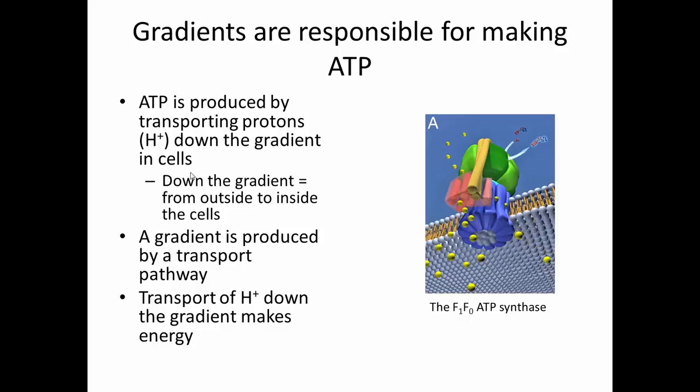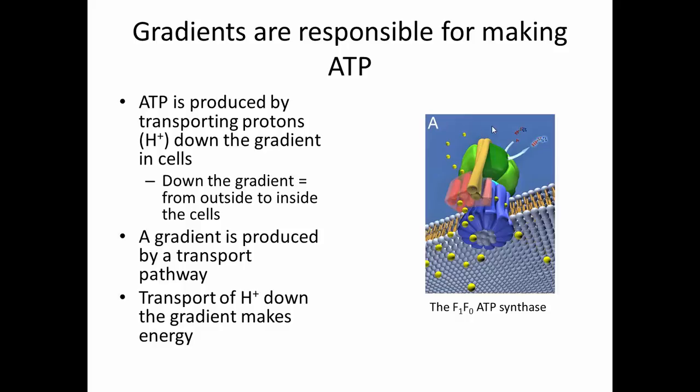As the electron then gets moved down the chain, there will be a gradient built up, a proton gradient, and then down the gradient will take the proton from outside to inside of the cell, which is mediated by this F1, F0 ATP synthase.